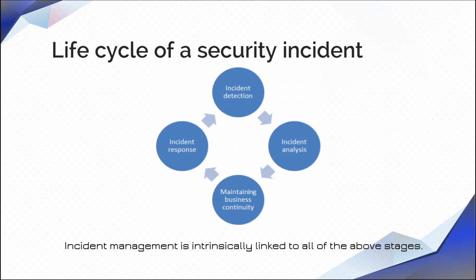So once you have identified that a specific incident poses a threat to your network, you need to take steps to ensure that your business continues as normal while you handle that incident, right? So this stage is actually the first level of response for any incident. So for example, you may have to quarantine infected systems.